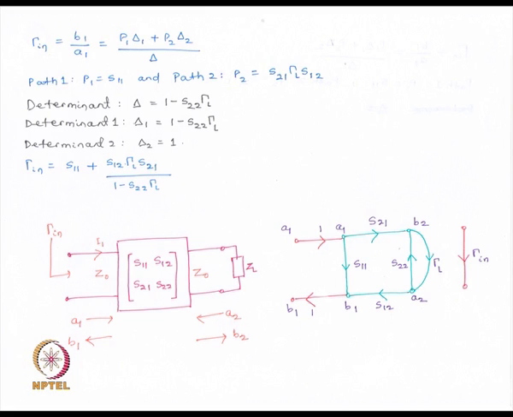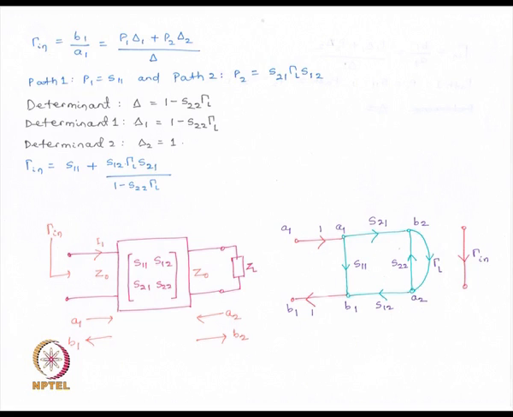Now delta 1, this path does not touch this loop, hence delta 1 will be same as delta, and this path starting from A1 and ending at B1 touches this loop, and therefore the only term within delta that will be left using loops that do not touch the path 2.